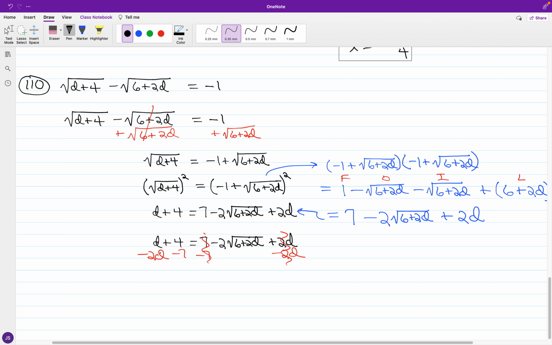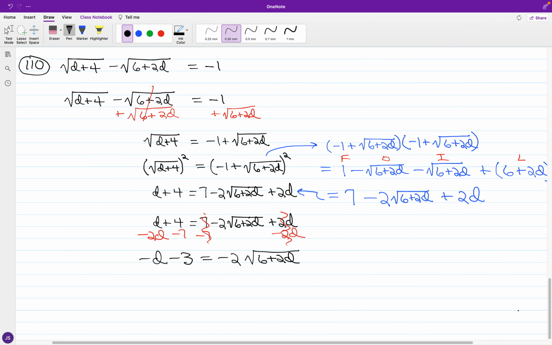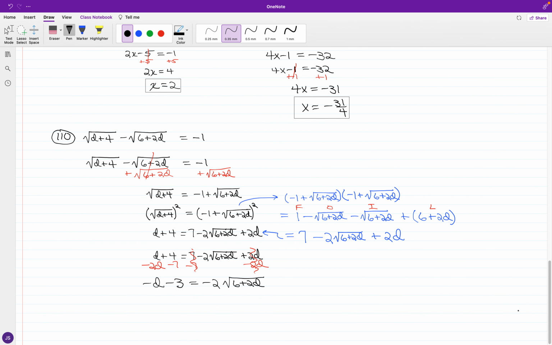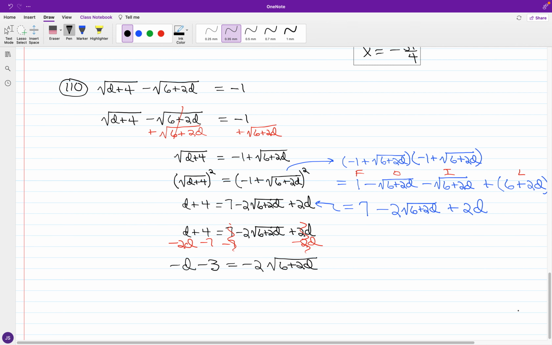So looking at what we have now, d minus 2d is negative d. 4 minus 7 is negative 3. Now, I can technically go ahead and square both sides. But if you notice, all these terms have leading coefficients that are negative, so I can just clean up here.